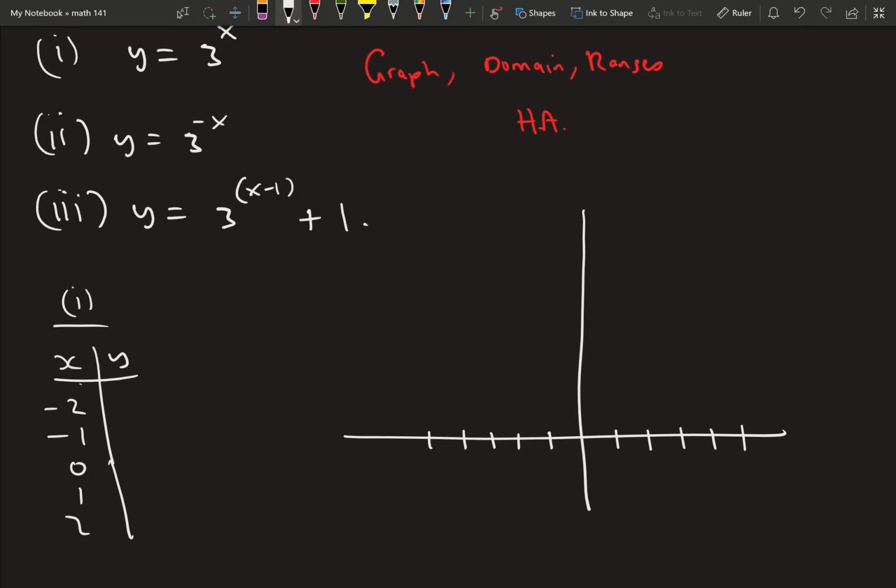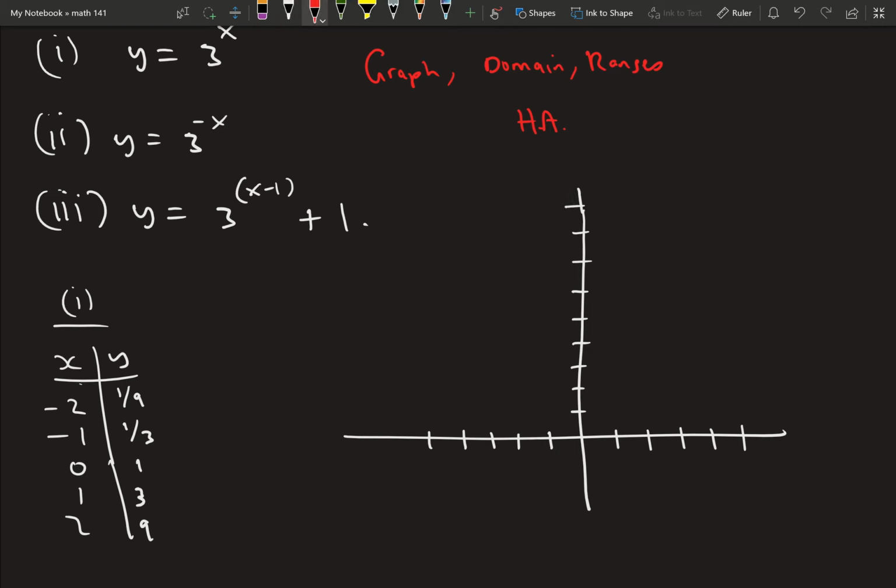And if we do these, we'll get 1/9, 1/3, 1, 3, and 9. And so what we get is we have the following. So 1, 2, 3, 4, 5, 6, 7, 8, and 9 here.